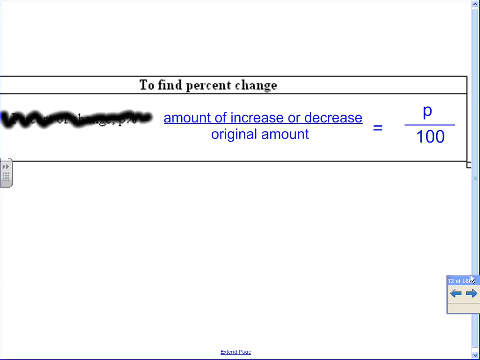This is not what is in your book. The book explains it in 2 or 3 steps. I don't like how they explain it. This is how I explain it because it is still the proportion method, okay? It is still very similar to part over whole equals percent over 100, but we are doing the amount that the prices were either increased or decreased over the original is still equal to percent over 100.